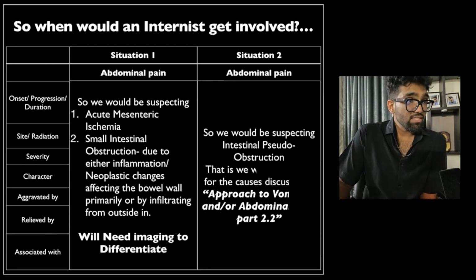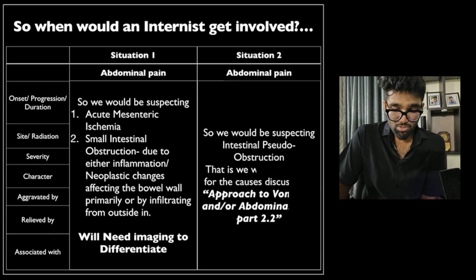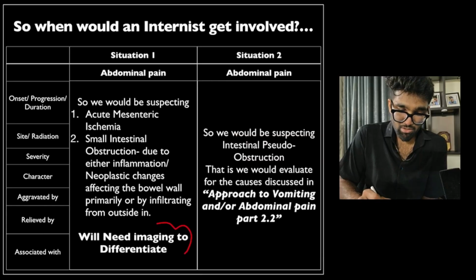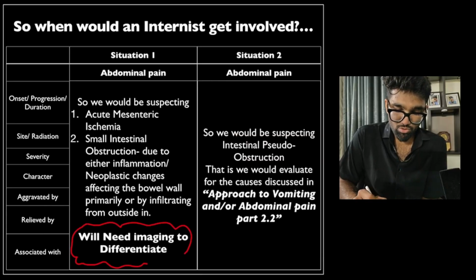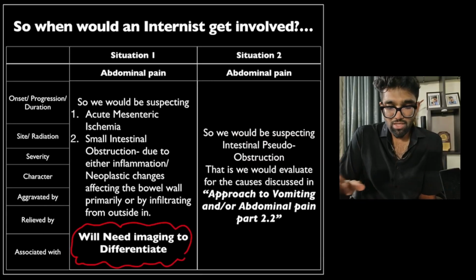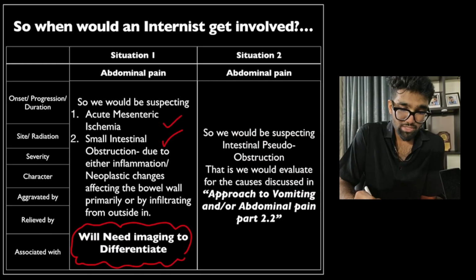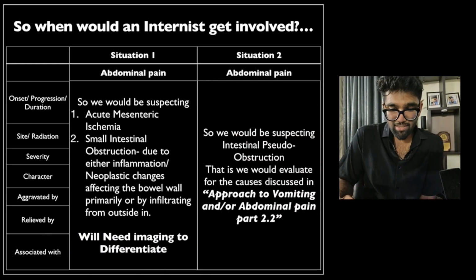However, this present discussion is going to focus primarily on the need for imaging to differentiate between these two disorders. So with that orientation out of the way, we'll proceed.